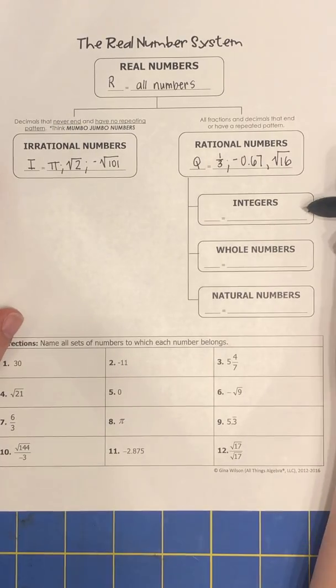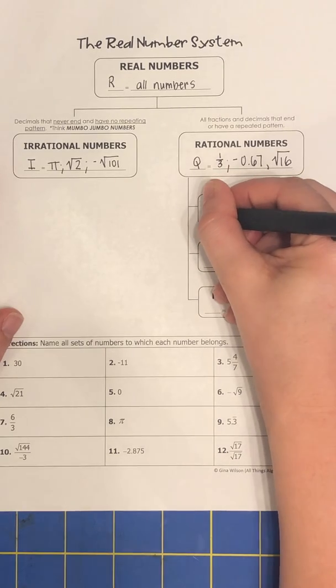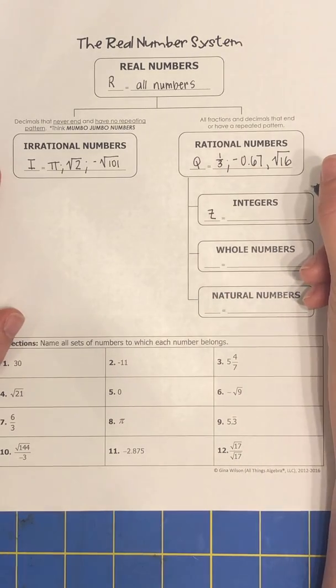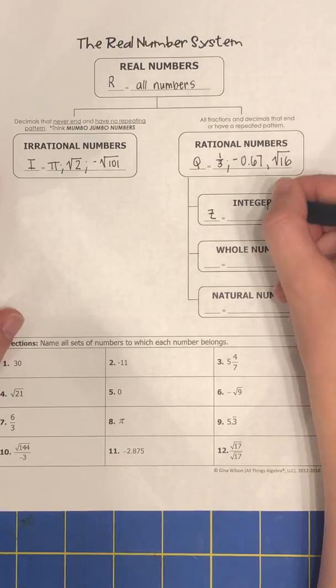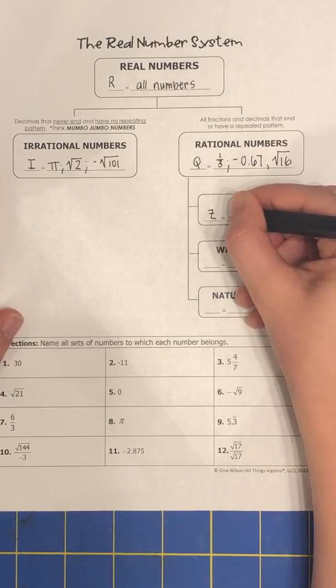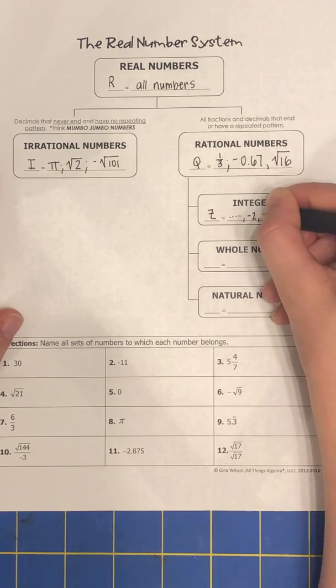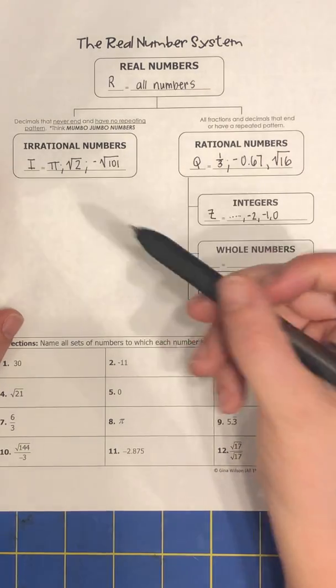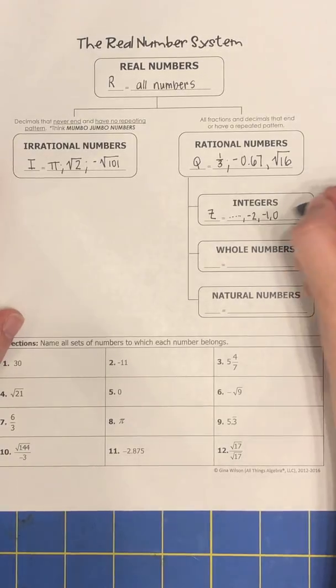And then underneath rational numbers, we delineate even more. Integers are represented as the letter Z, and they are all the negative numbers, and then we'll just put -2, -1, 0. We always start in the negatives and move our way back to 0, and then once we're at 0, we move to the positive numbers. So 1, 2, and so on.